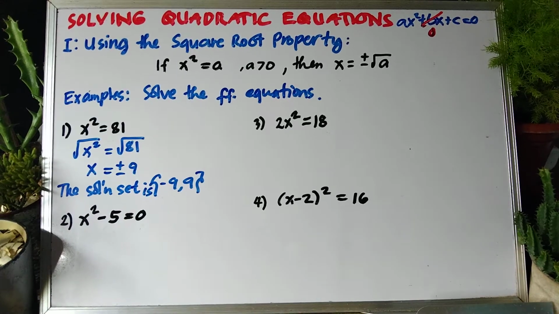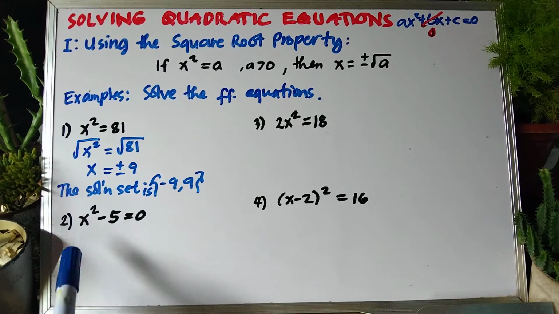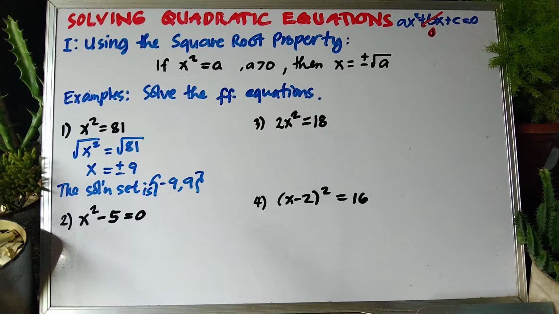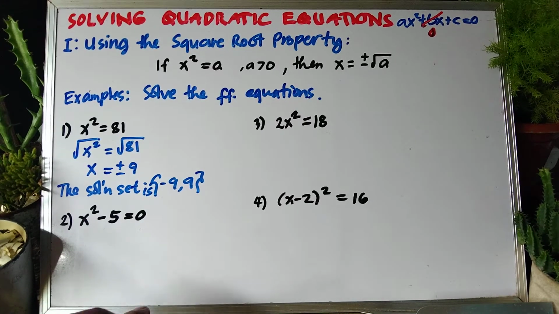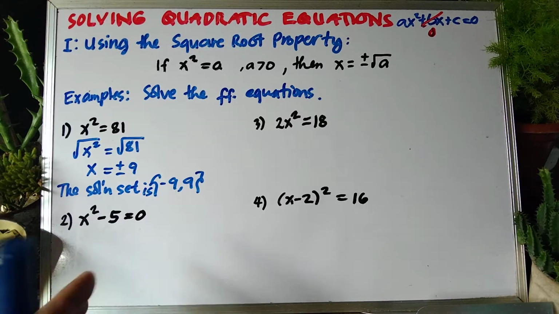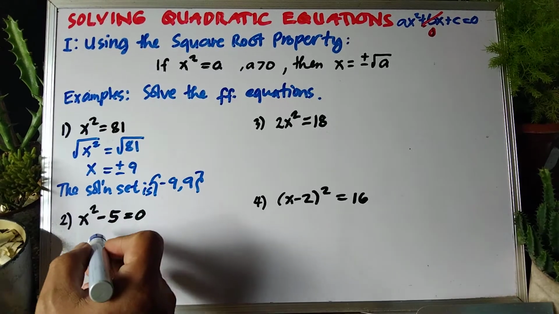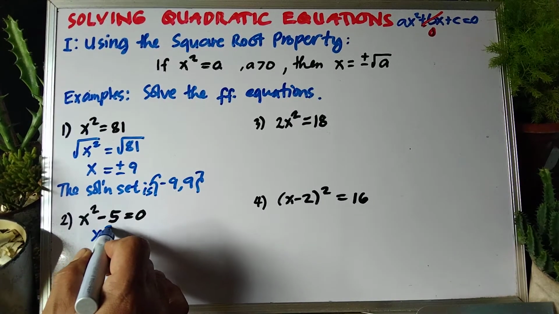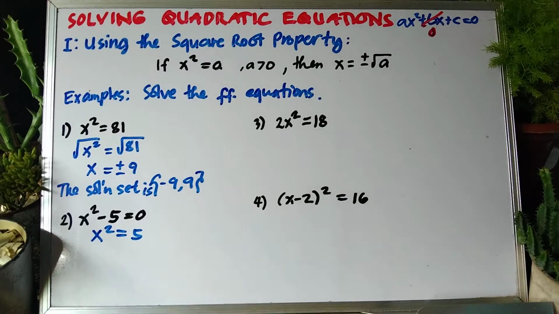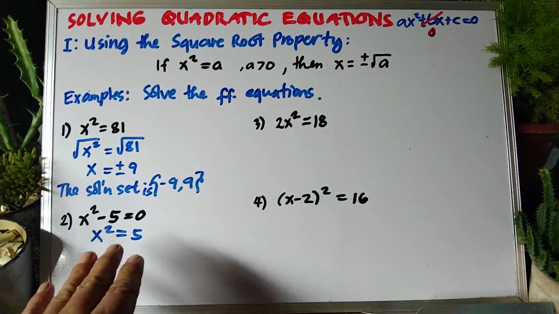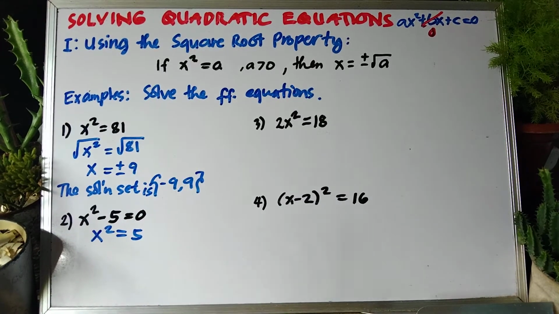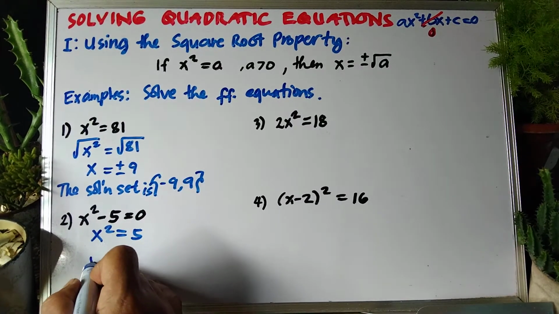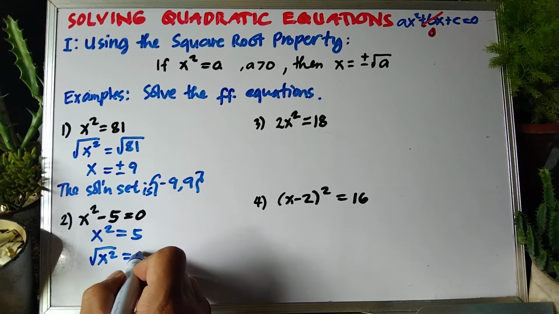Okay, simple as that. Number 2, you are given x squared minus 5 is equal to 0. So in this particular example, we will transpose negative 5 to the right side, or we add positive 5 to both sides of the equation. So this becomes x squared is equal to 5. Now from here, it is just the same as example number 1. You will now directly extract the square roots to both sides of the equation. So the square root of x squared is equal to the square root of 5.